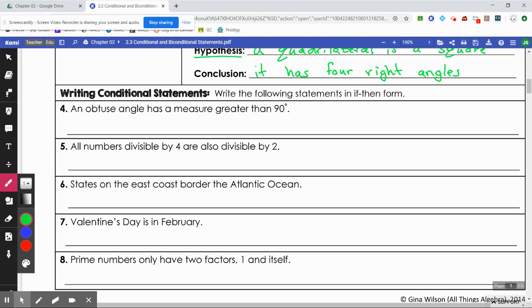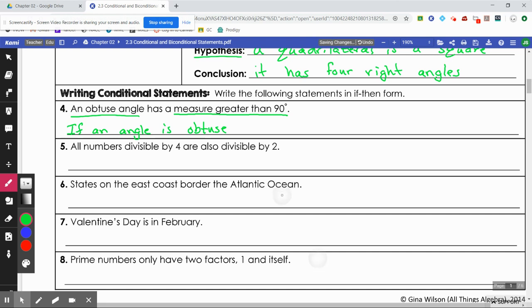First off, if you've got an angle that's an obtuse angle, that's your if. If an angle is obtuse, those are the conditions that must be met, and if those conditions are met, then we know the measure must be greater than 90.